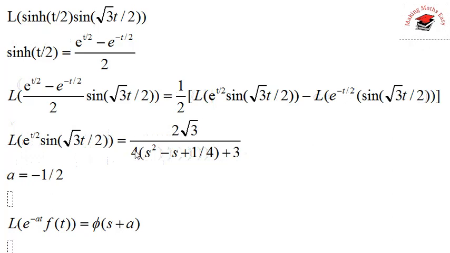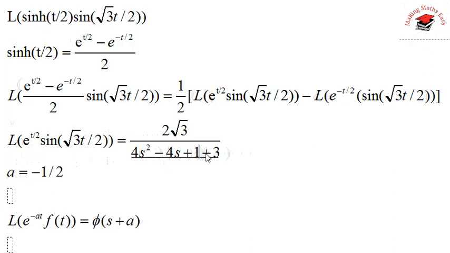So now we have to multiply this 4 inside the bracket. So this will become equal to 4 times s square minus 4 times s and plus 4 multiplied by 1 by 4. So 4 multiplied by 1 by 4 is equal to 1, and 1 plus 3 will be equal to 4.